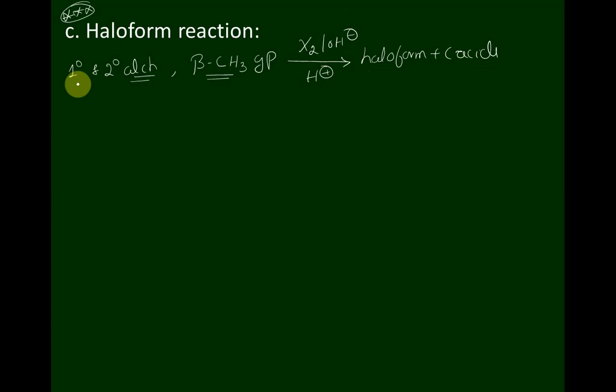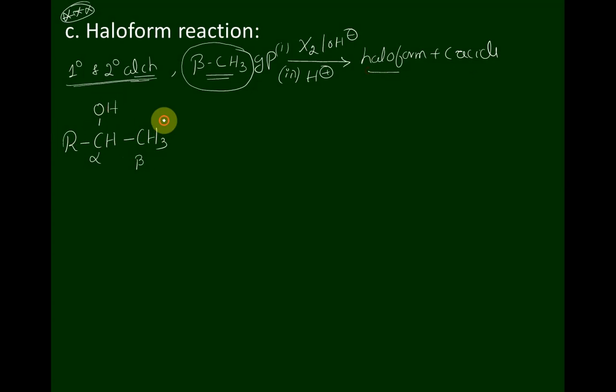That means primary and secondary alcohols containing a CH3 group at the beta position, when treated with suitable reagents, form haloform as well as carboxylic acid, that is R-CHOH-CH3. This is alpha and this is beta, therefore beta has a CH3 group.